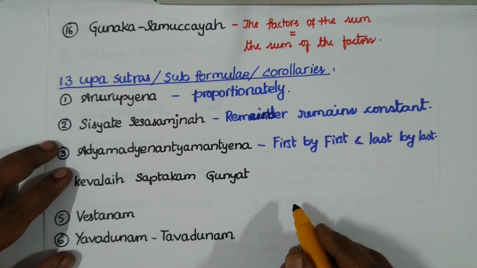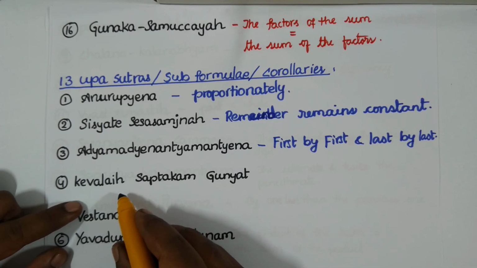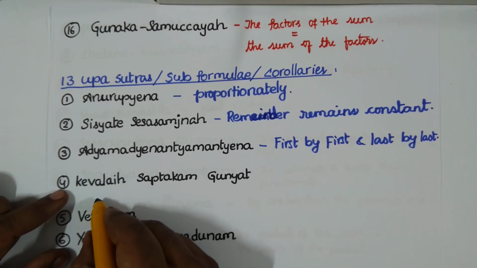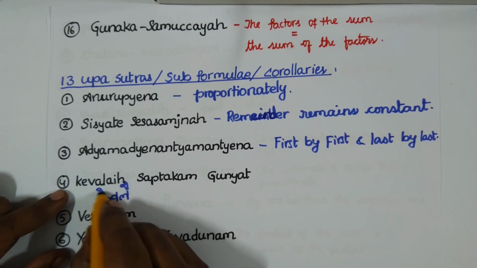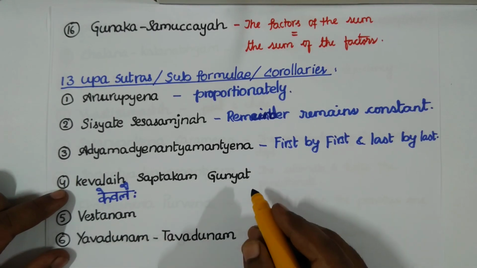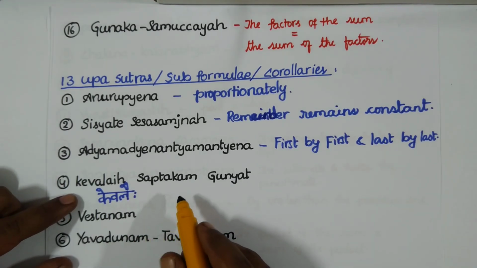And the next one is Kevalaihi. In Hindi you can write it like this, Kevalaihi Saptakam Gunyat.